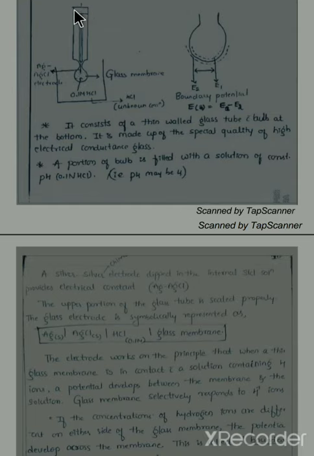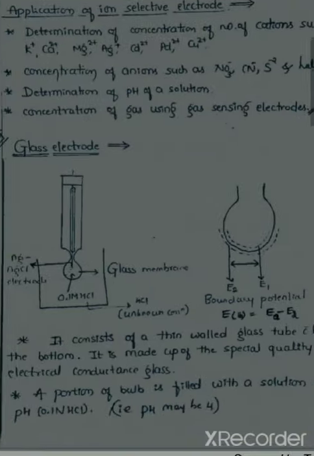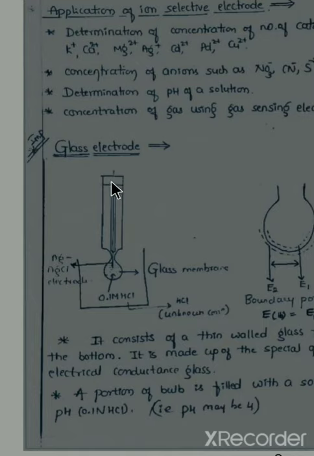So this portion is sealed properly, and now we have to write the representation of the cell. How are we going to write the representation of the cell? First you are supposed to consider Ag, and then AgCl. The coating of that silver wire is AgCl, and that is in contact with 0.1 molar HCl. Again, that is in contact with the glass membrane, and the glass membrane is in contact with HCl of unknown concentration.